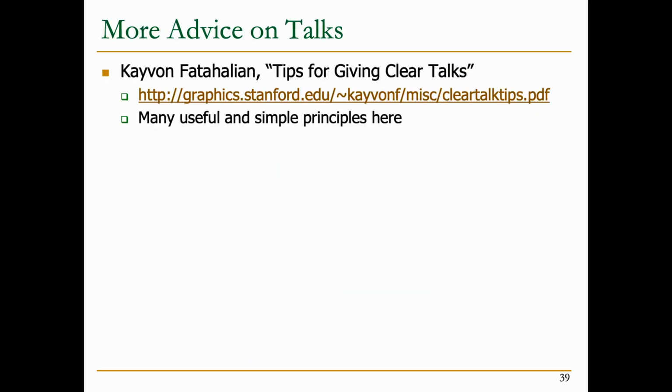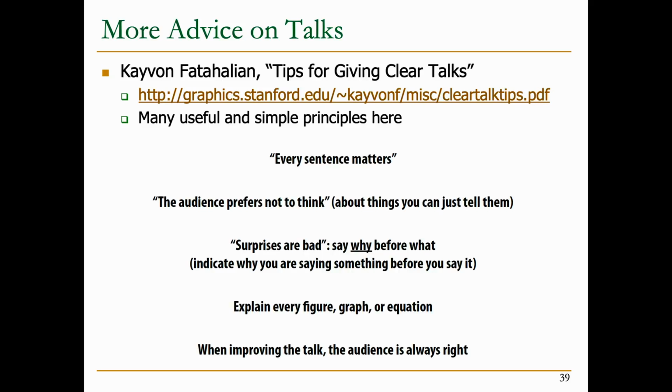This is another resource for you where you can find tips on giving clear talks. So those are part of the advices or the tips provided to you. Every sentence matters. So don't just copy sentences or paragraphs from the paper when you don't know the meaning.